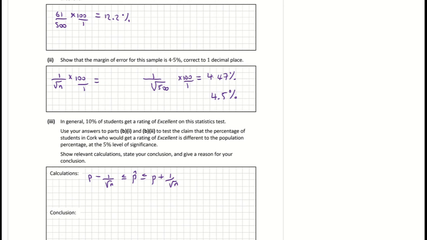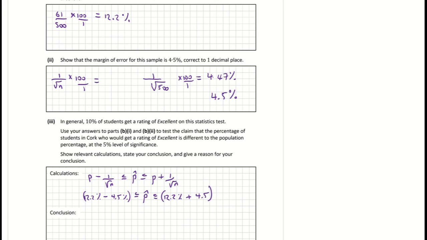My P hat is my sample proportion percentage, which is 12.2% found from part 1. I'm subtracting my margin of error from part 2, which is 4.5%. I'm looking for the population proportion. That's what the question wants us to do here, which is going to be, again, my sample, which is 12.2%, which is Cork, plus my margin of error, which is 4.5%.